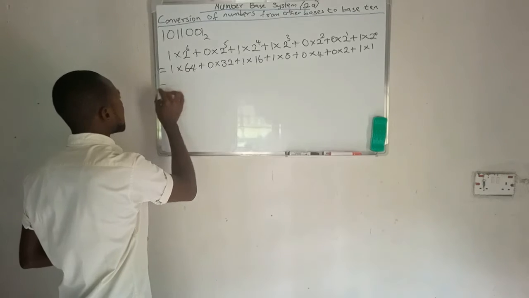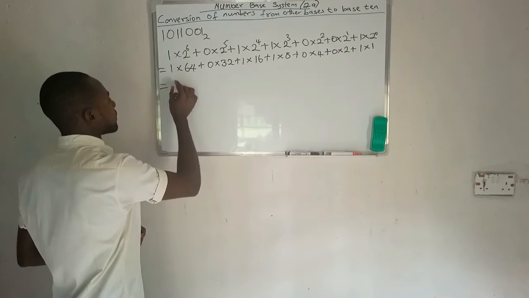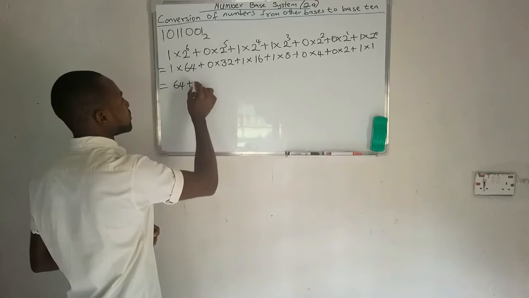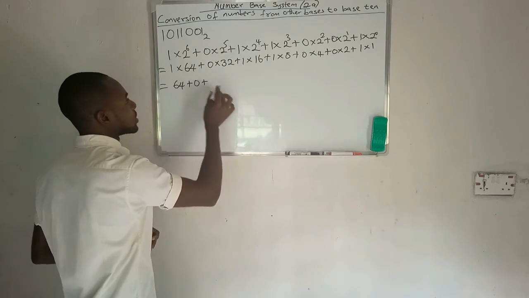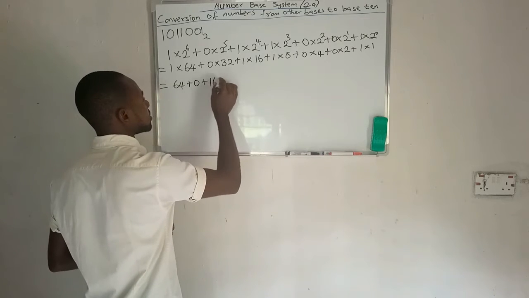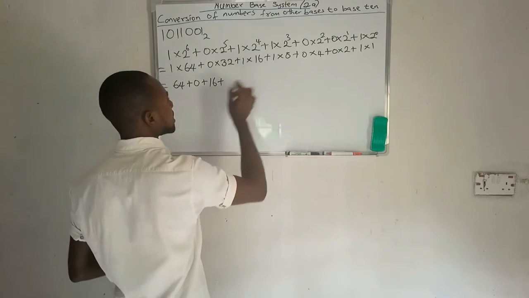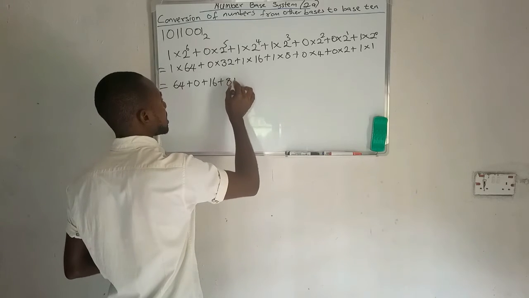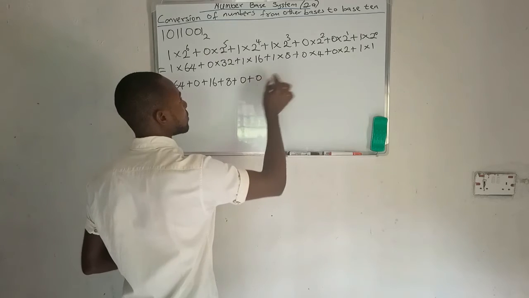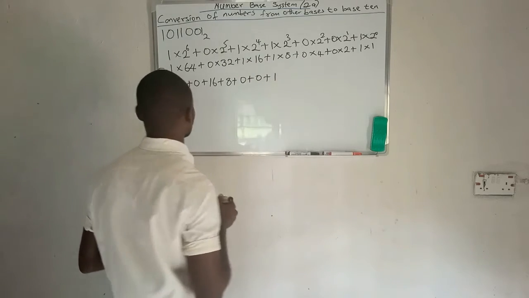So we simplify, we have 1 times 64 is 64, plus 0 times 32 is 0, plus 1 times 16, which is 16, plus 1 times 8, which is 8, plus 0 times 4, which is 0, plus 0, and then plus 1.